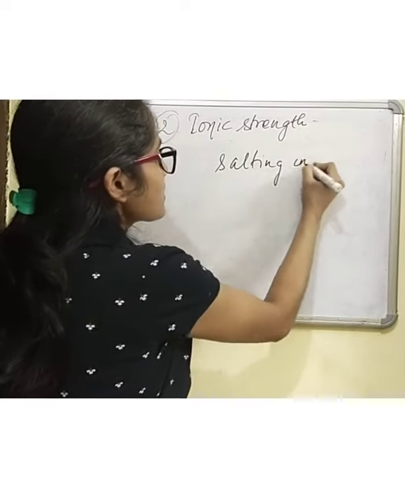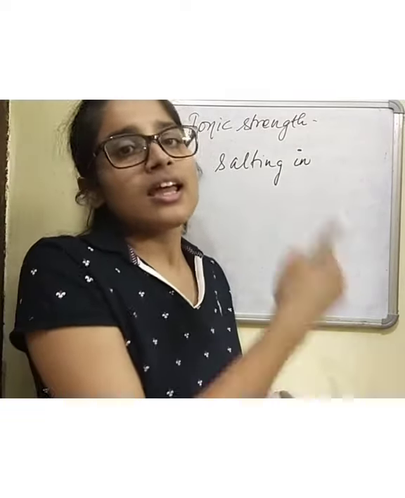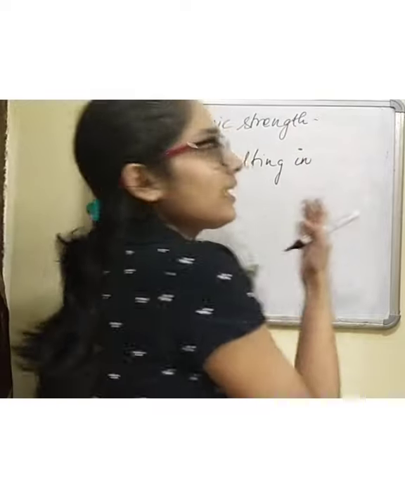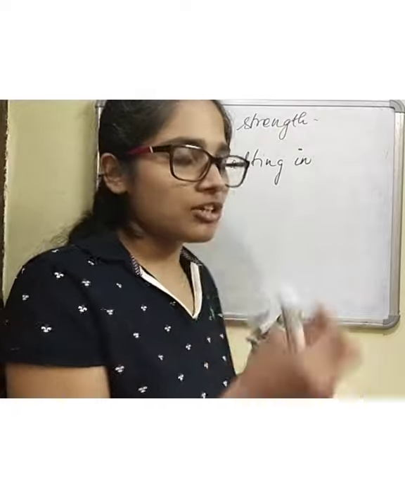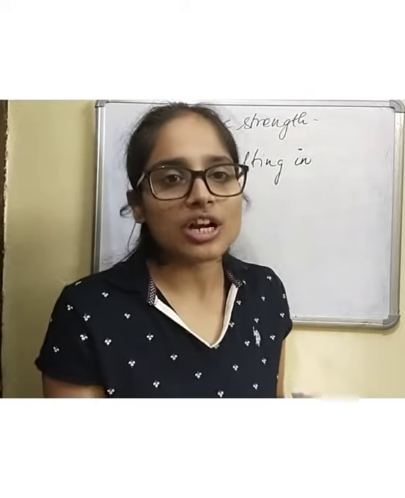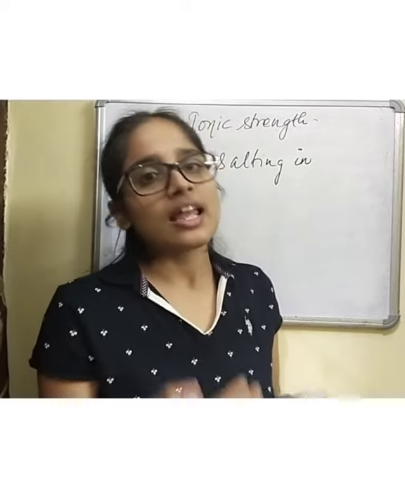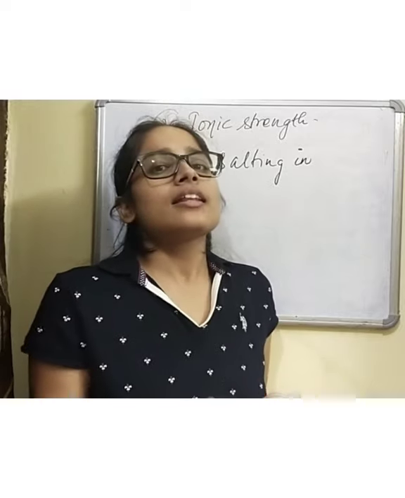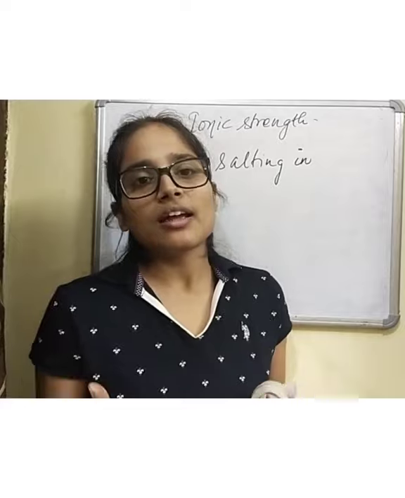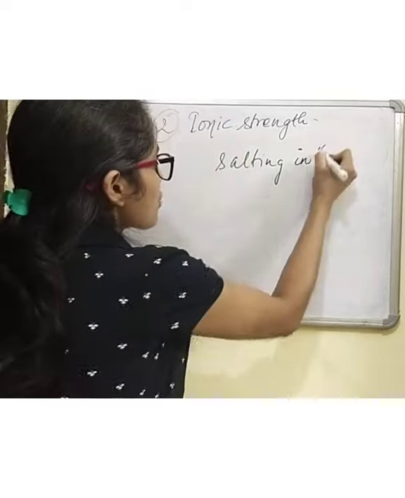It means if you are increasing the concentration of the salt or the ions in the solution, then the solubility of the protein is increasing. So if the solution in which the protein molecules are dissolved has low ionic strength and we keep on adding more ions or salts to it, then the solubility of the protein molecules increases, and the phenomenon is known as salting in.